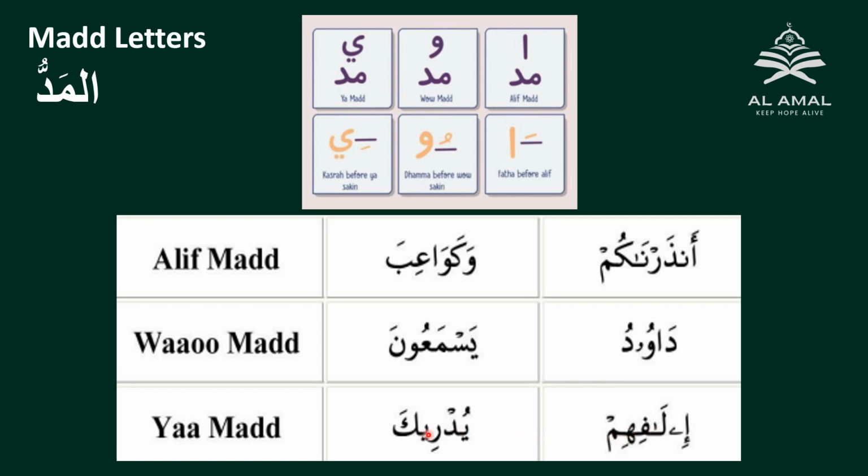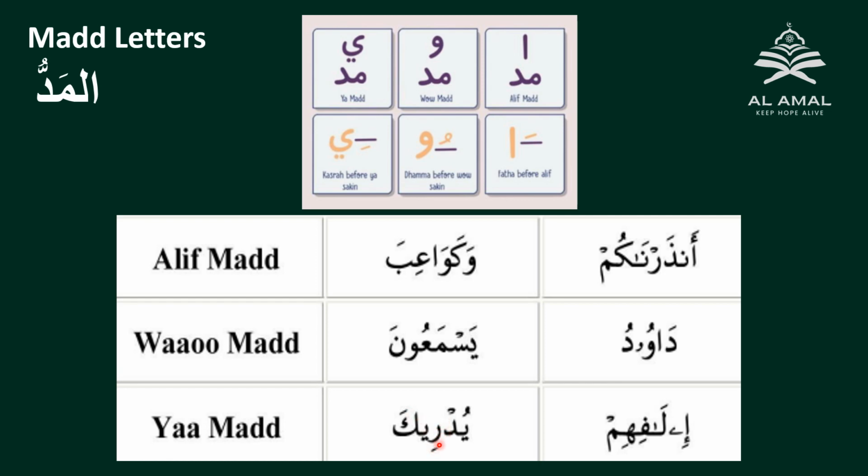How about the next example? This is damma, right? And you have to read it as yud. But in this case, I'm looking for the mad letters. So the mad letter here is the ya, and before the ya there is a kasra. So here I'm going to read rika.